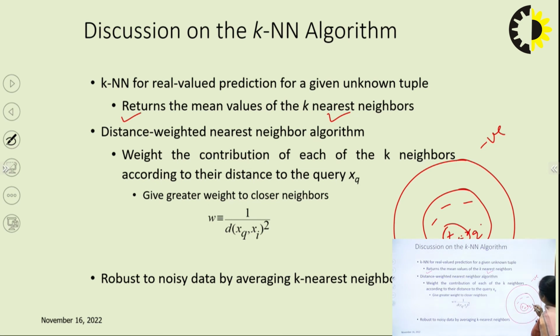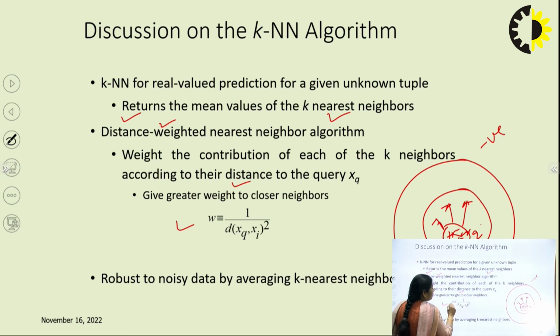So we can have the weighted concept here, which we call the distance weighted nearest neighbor algorithm. KNN can be given weights. We weight the contribution of each of the k neighbors according to their distance to the query. It means a nearer neighbor's contribution will be more and a farther one's contribution should be less. That's why we assign weights, and weights are inversely proportional to the distance.